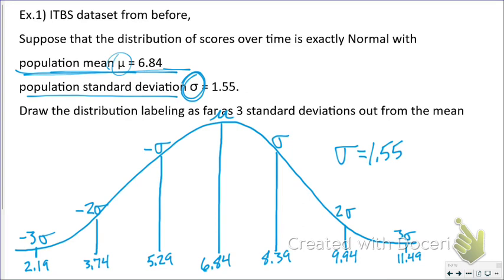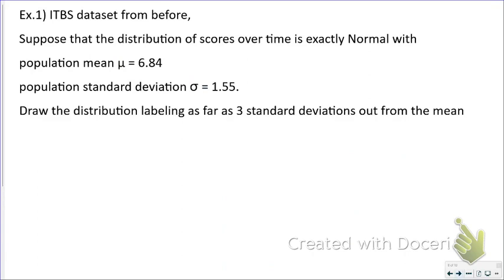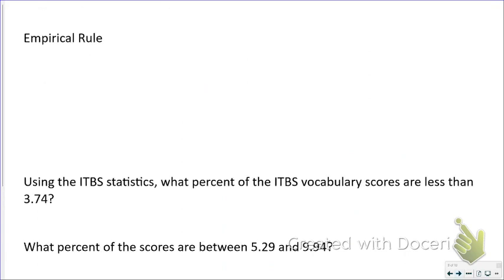Now we're going to refer to this here in a second. Let's talk about the empirical rule. So the empirical rule, this is something true. This is what Gauss derived whenever he figured out that this bell curve existed.